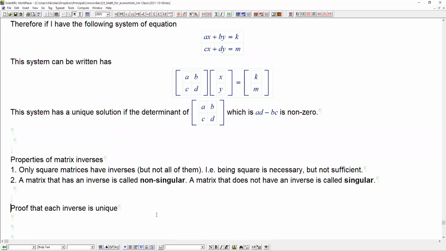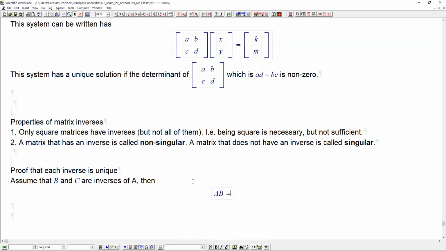So assume that B and C are inverses of A, and that they may or may not be the same matrix, who knows? Then AB equals what? So you do it with me.